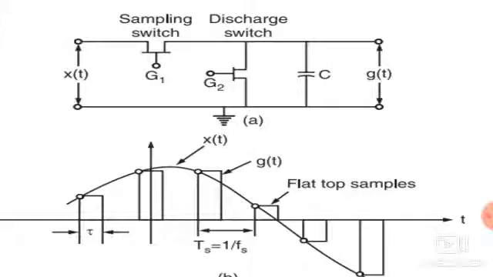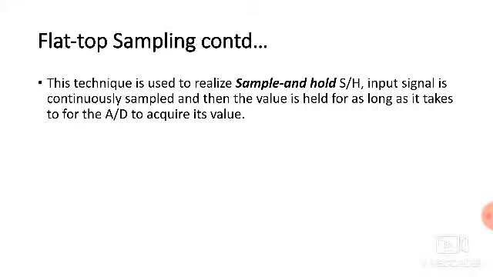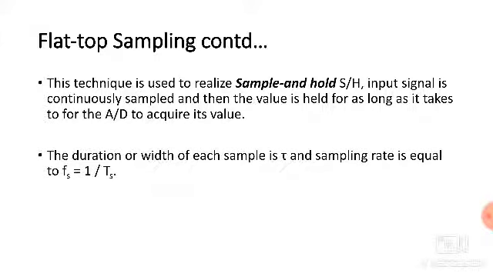The flat top samples are represented like this. Here x of t is the continuous time signal and g of t is the pulse. The flat top sampled signal is the sample and hold circuit output. The sampling interval is the capacitor charging time, after that it is held, and finally it is discharged.